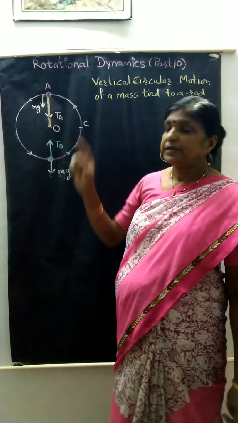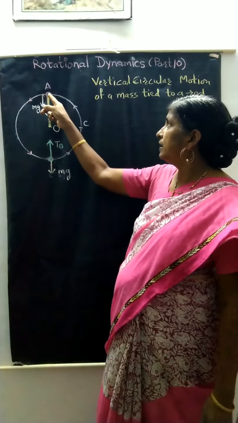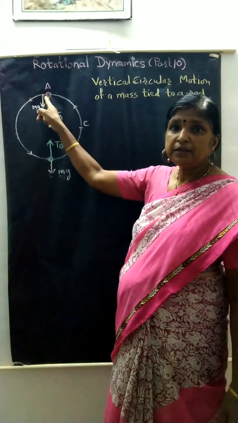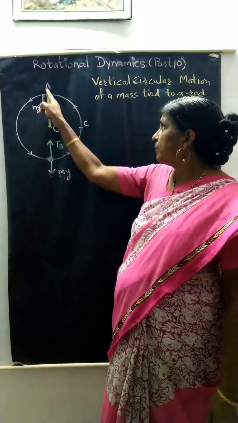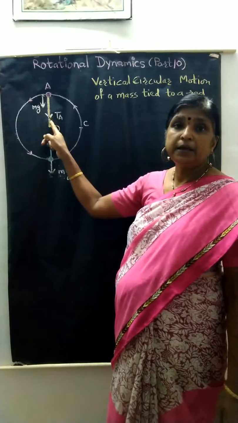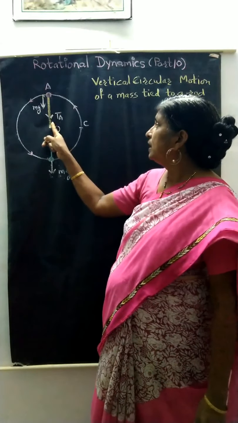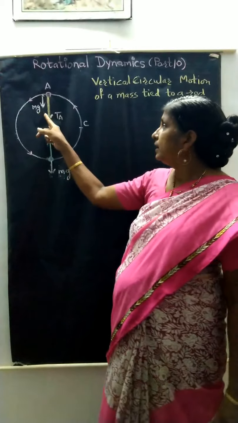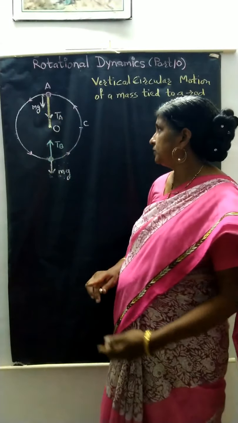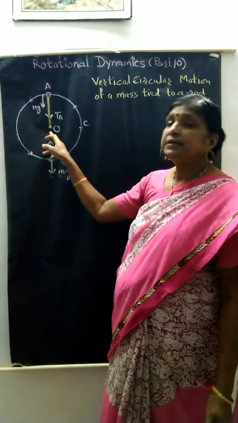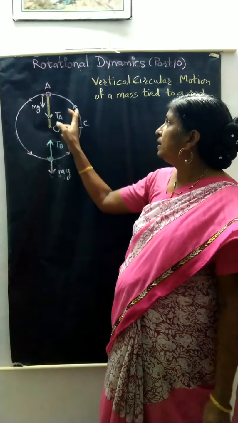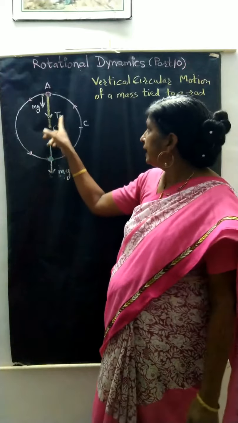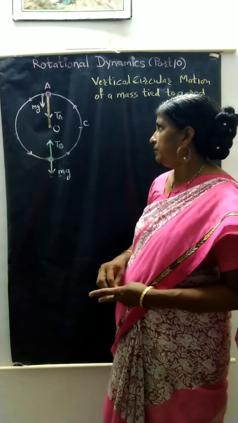The different forces acting on the body are the tension acting at point A in vertically downward direction and the weight mg acting in vertically downward direction. Let O be the center of the circular path and R be the radius of this circle.